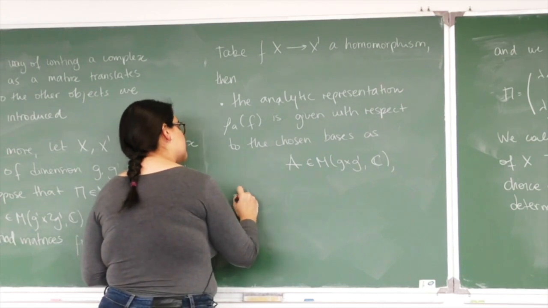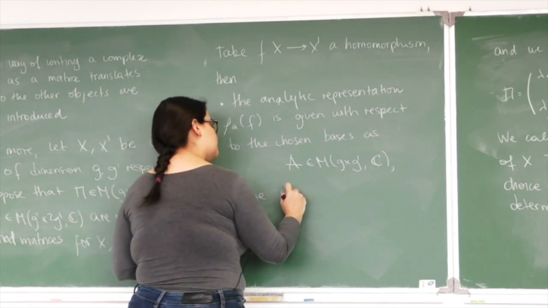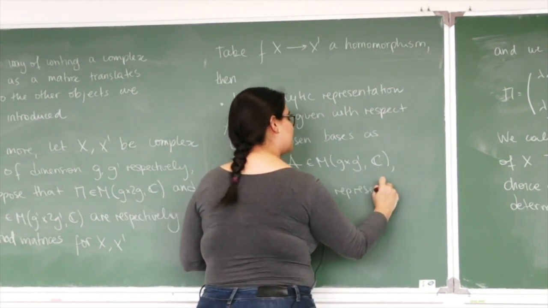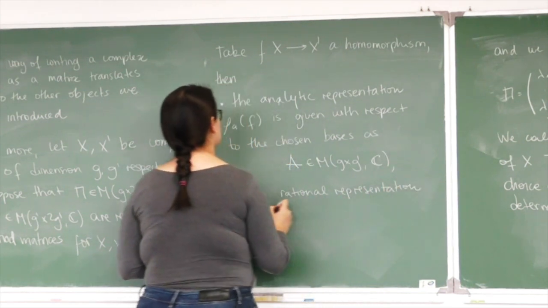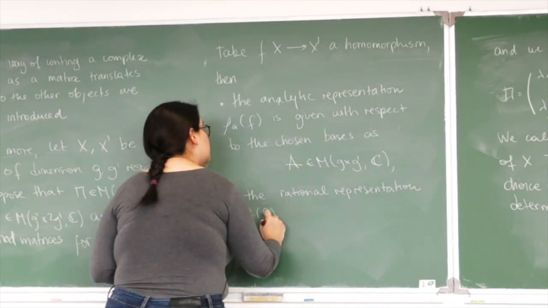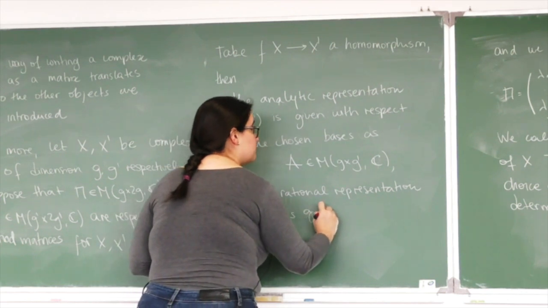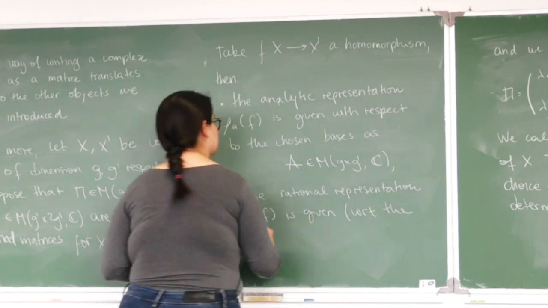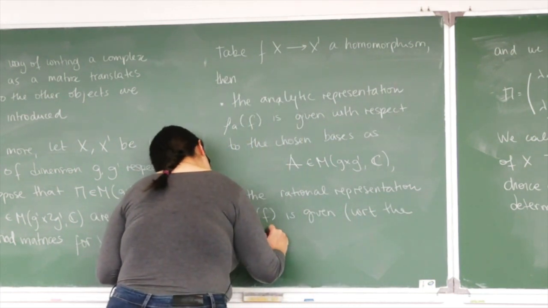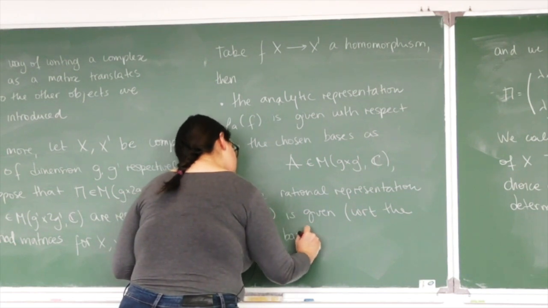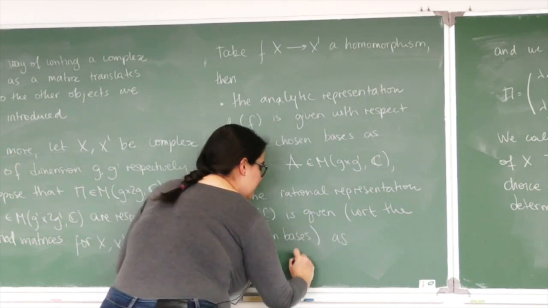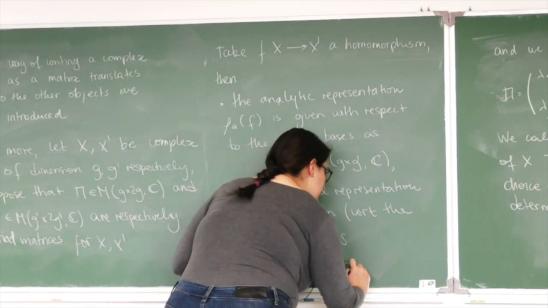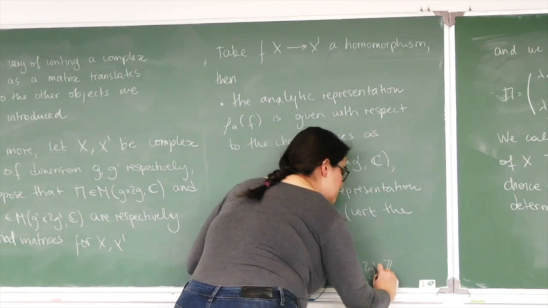In the case of the rational representation, rho_R of f is given with respect to the bases as a matrix I'll call capital R, which is 2g times 2g prime with integer entries.